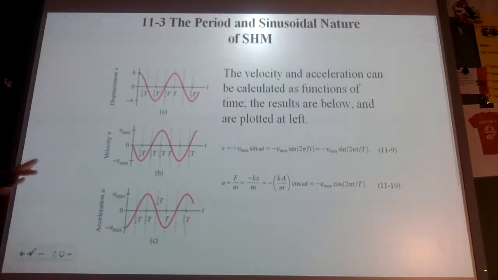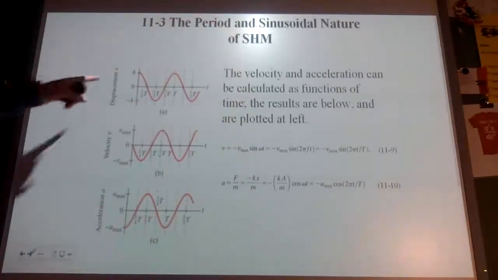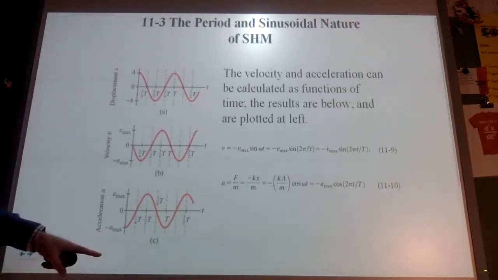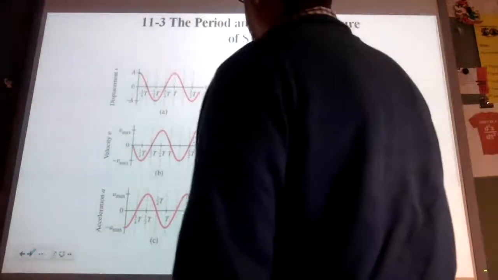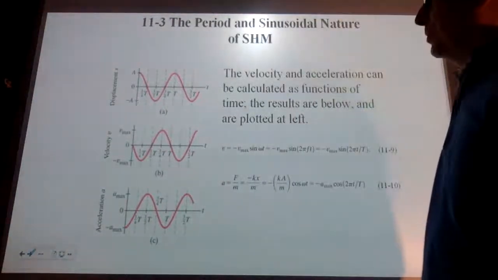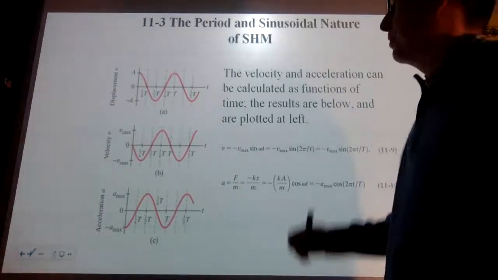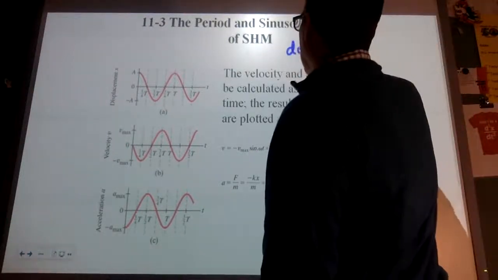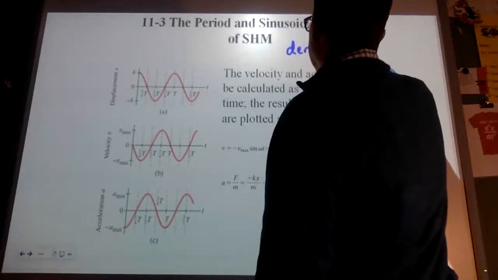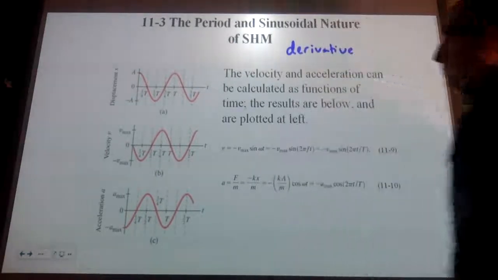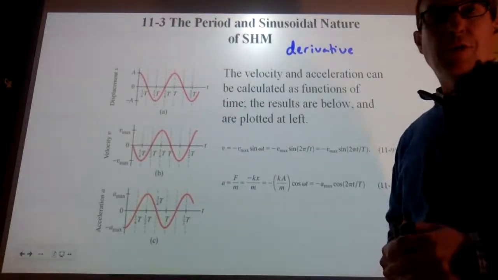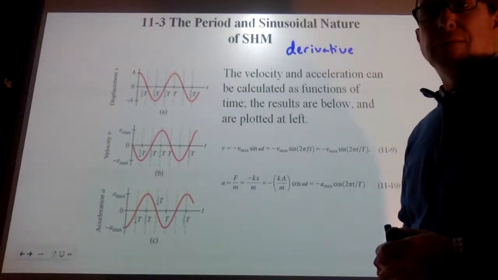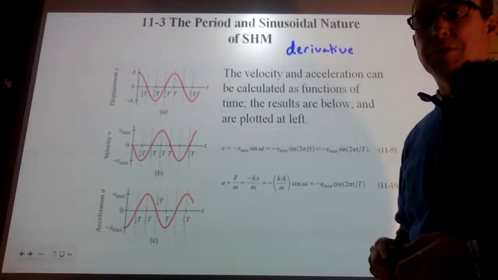Okay, so going from distance to velocity to acceleration. I did this when I did the derivation, and I said that the derivative of cosine was negative sine, and the derivative of sine was cosine.